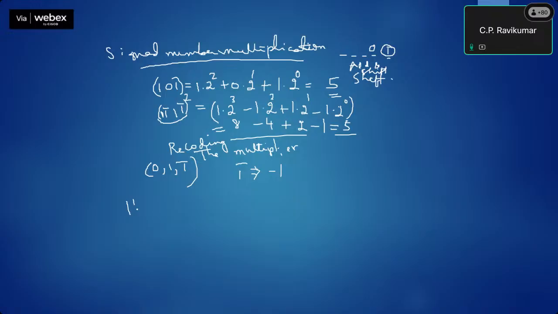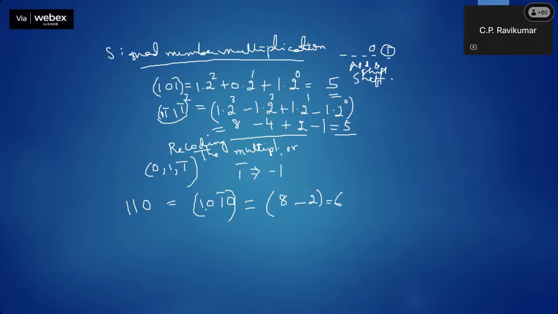So another example is 110. So that is 1 bar 0 1 0. So this is 8, this is minus 1 times 2. Then 111. This is 1 bar 0 0 1.